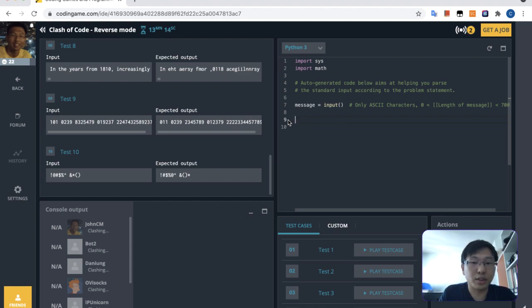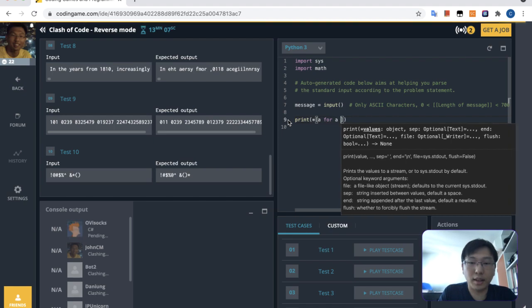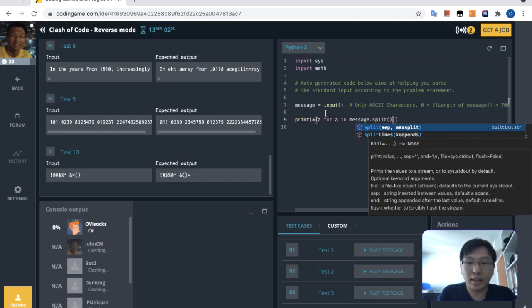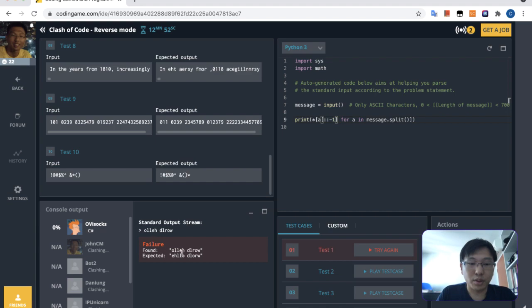Actually, we could just do this. Like, we could just print this. We print with a space. A for A in message dot split, and then in this A here, A will be the word itself. So if we were to print this out, we will get the exact same thing. Okay, so if let's say I want to reverse this, I could just do like that, and then you will see the word reverse.